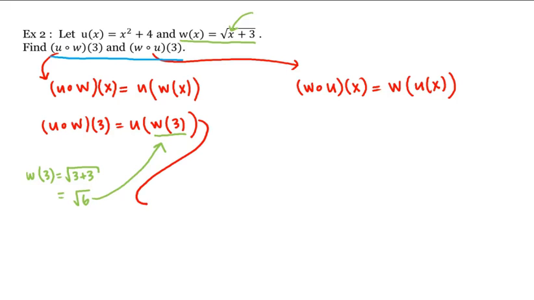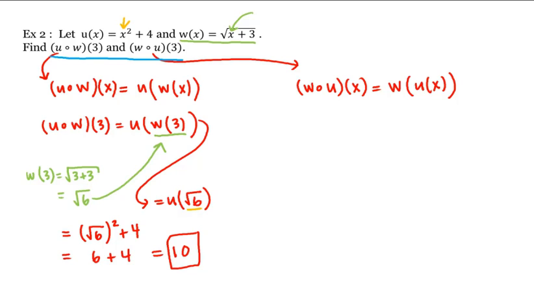That is, this is equal to u of the square root of 6. So we need to evaluate u at this square root of 6. And looking back up here at u, we need to plug square root of 6 in here, which gives us the square root of 6 squared plus 4, or 6 plus 4, which is 10, which is the first value we're looking for.